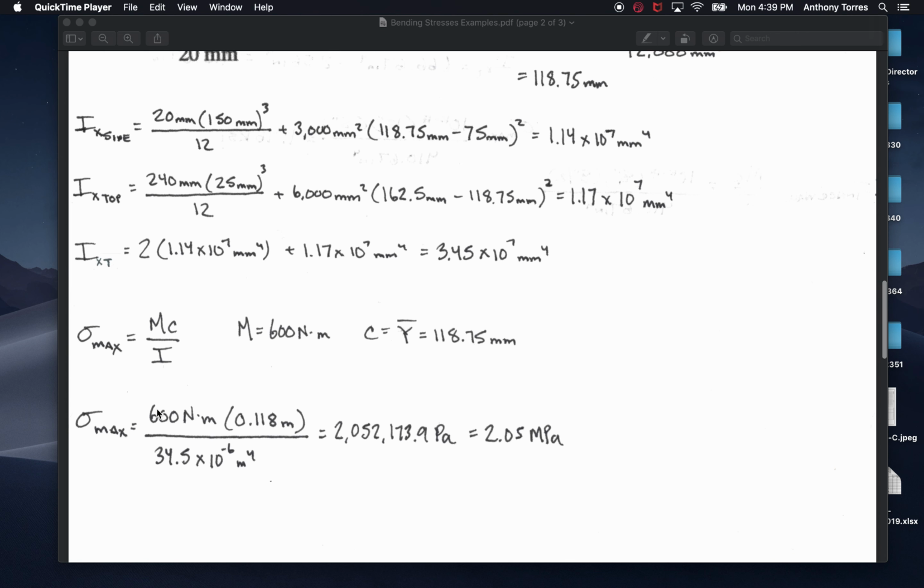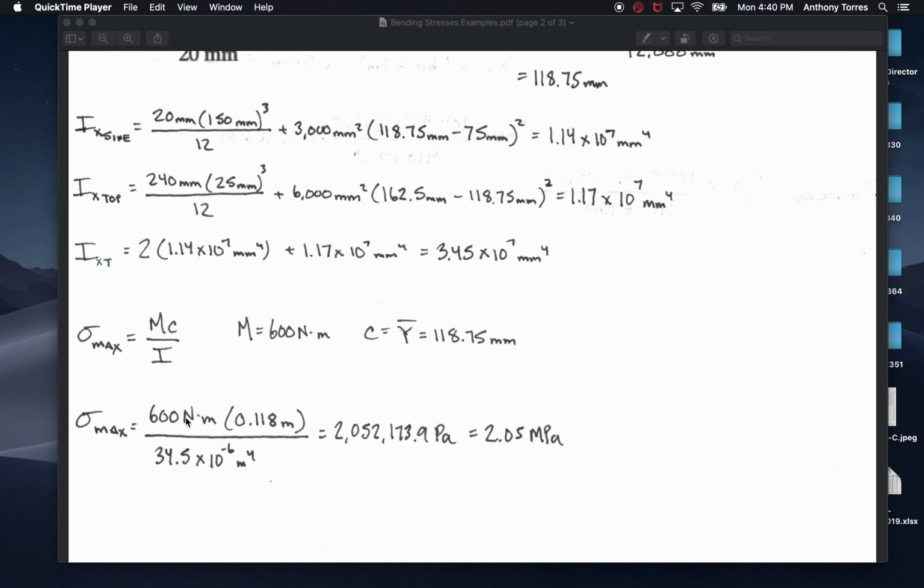Then I plug it all into the equation: 600 Newton meters times C, which is just y bar, 0.118, divided by the 34.5 times 10 to the negative 6. I needed to convert this because previously I got all these answers in millimeters to the 4th. So I converted that to meters to the 4th by multiplying this number by 1 over 1,000, 4 times.